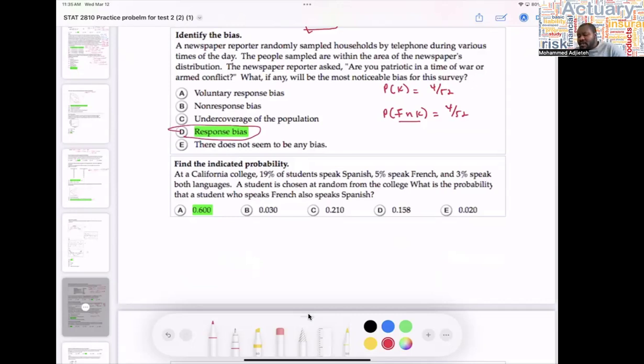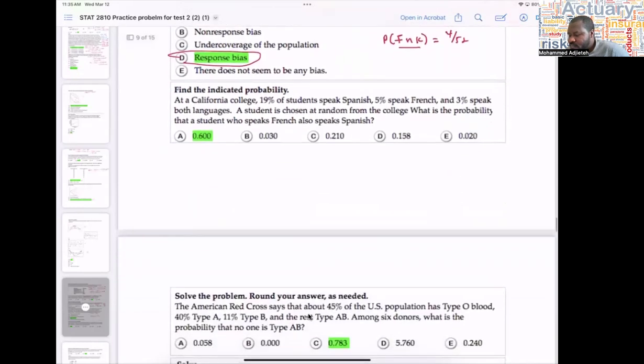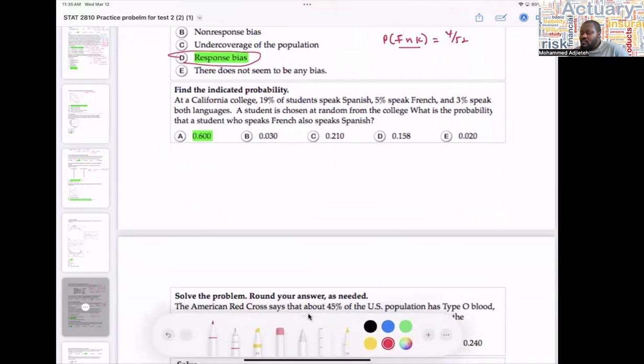Now, let's get to the next one. So this one, we are told that at a California college, 19% of the students speak Spanish.